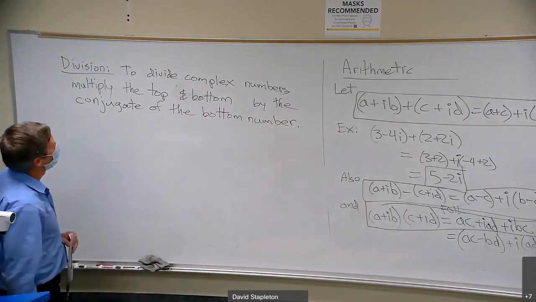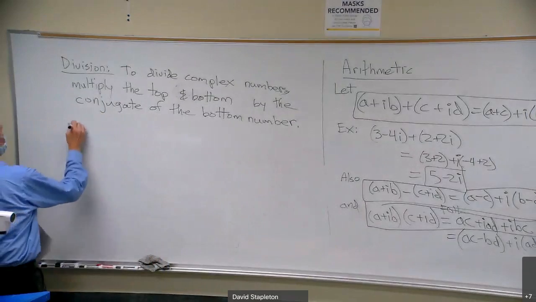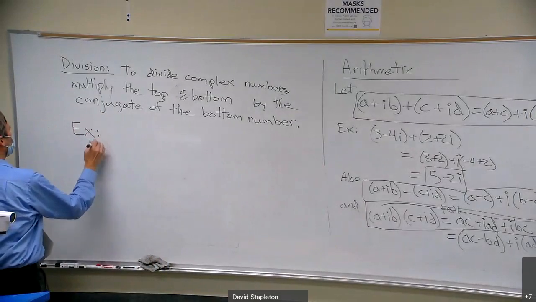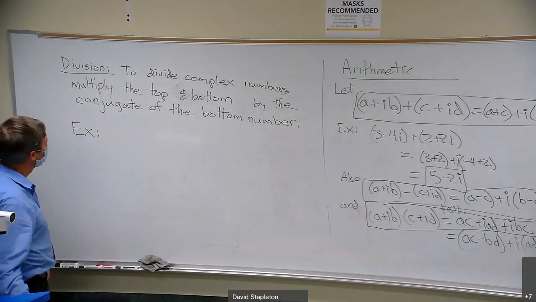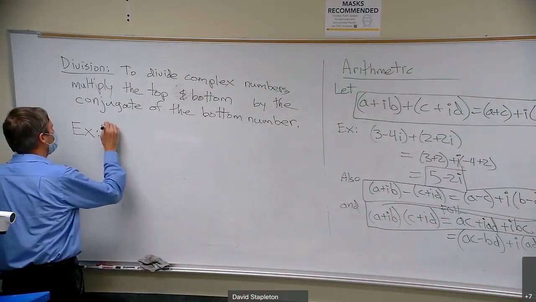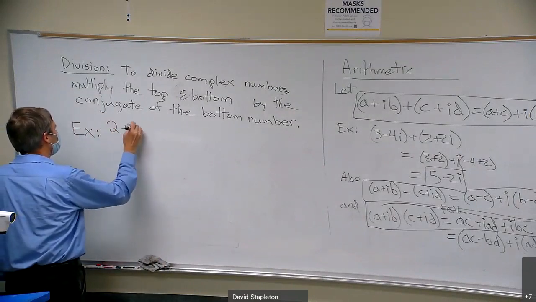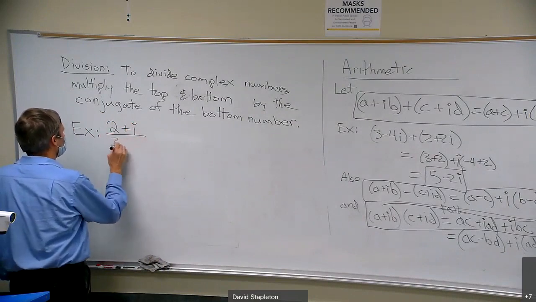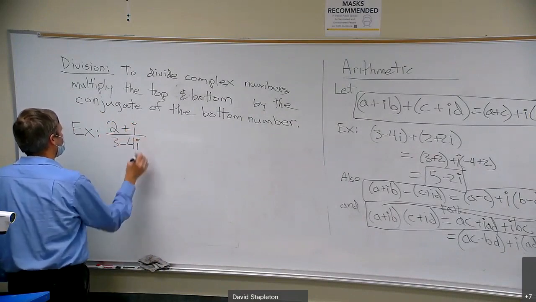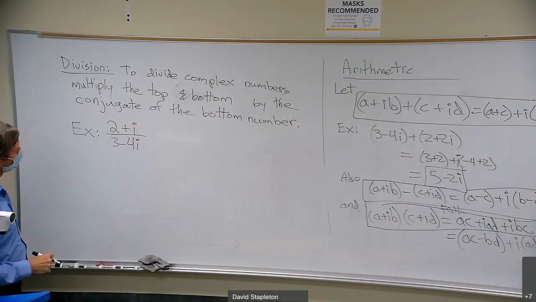All right, let me just do this by example. Suppose I want to find 2 plus i divided by 3 minus 4i. I wonder how that divides.